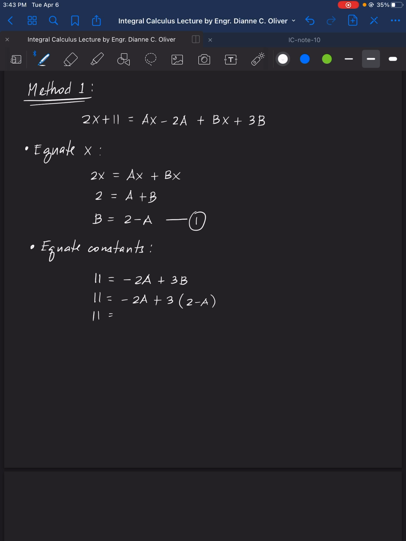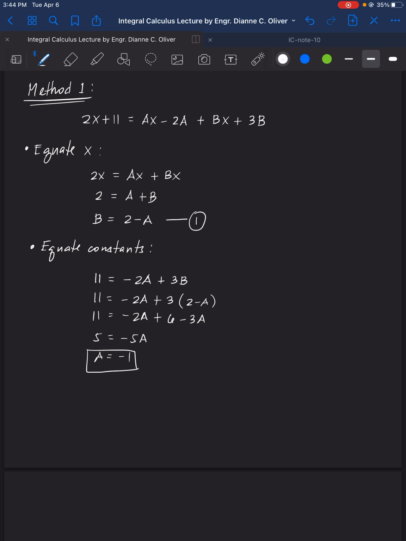So 11 is equal to negative 2A plus 6 minus 3A. Then what is 11 minus 6? That becomes 5 equals negative 2A minus 3A, that is negative 5A. So A is equal to negative 1. That's the value of A.